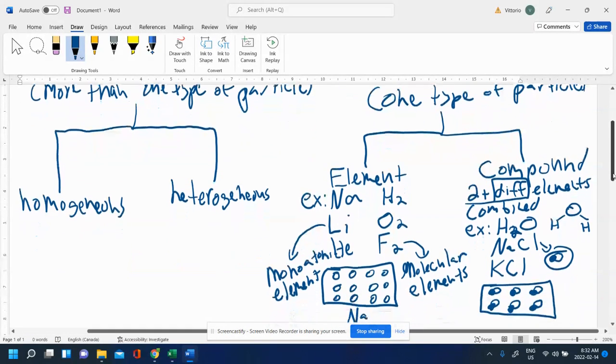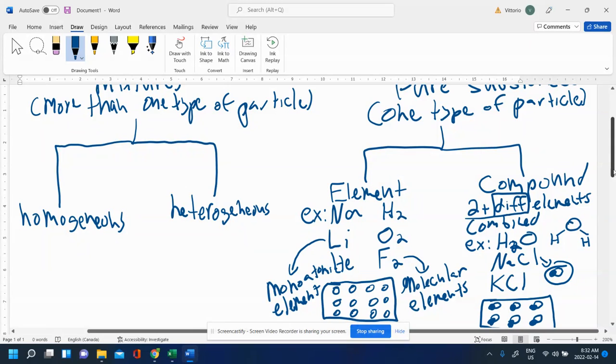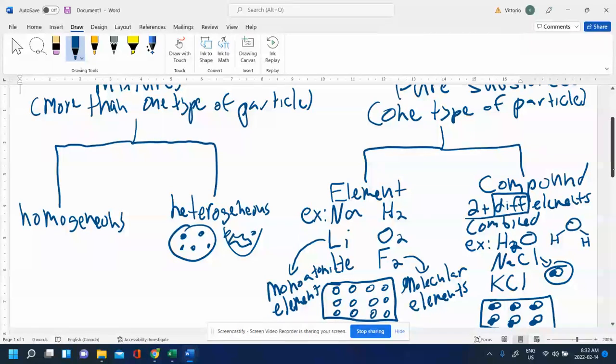Heterogeneous mixtures, you can see all the different particles there. You can see the different particles that are part of it. So if you think of it like a chocolate chip cookie, you can see the chocolate chunks that are there. And then you can see all the other parts as well. You can think of it like a salad where you can see the carrots, you can see the lettuce, you can see the tomato. So you can see all the different parts of the mixture.